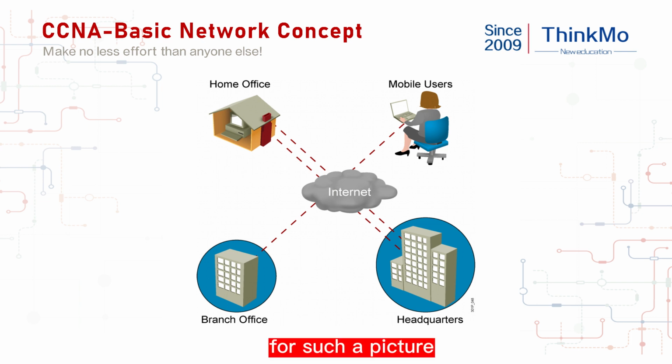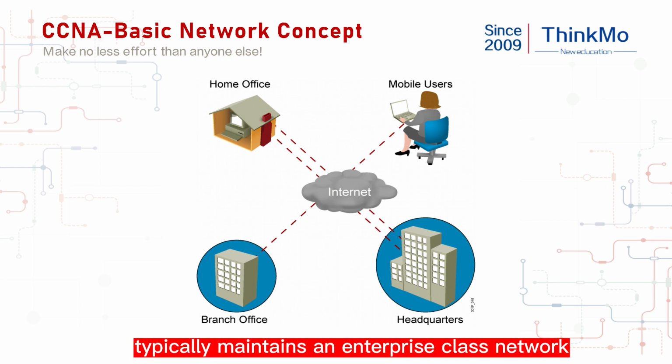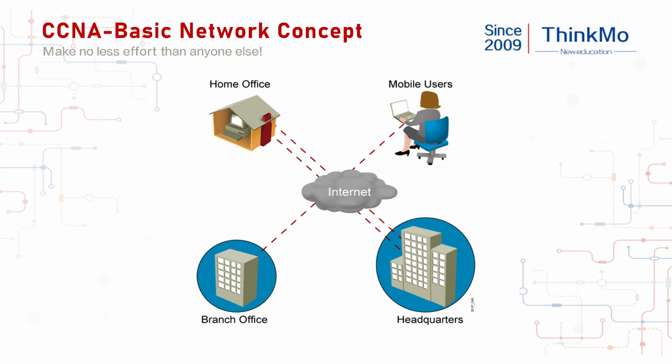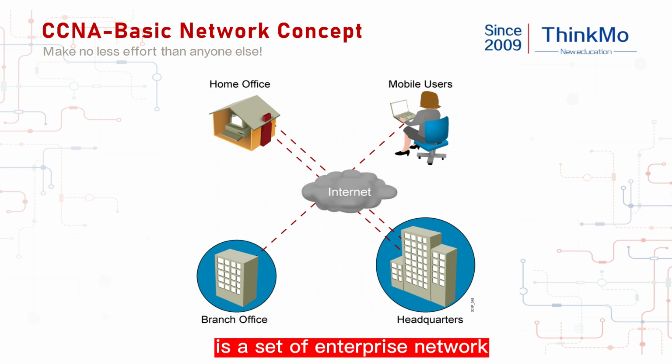For such a picture, in the future, everyone will maintain the network. More typically, we maintain an enterprise class network. Pay attention to what I say: we maintain an enterprise class network. To be honest, at the very beginning, what we maintain is a set of enterprise network.